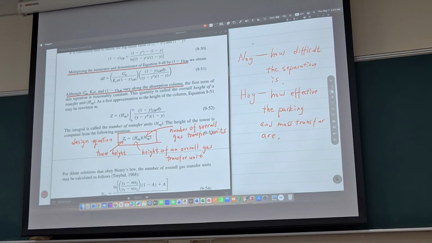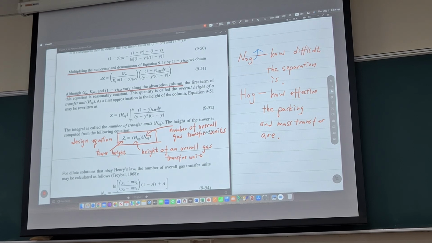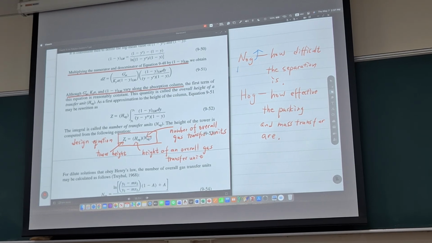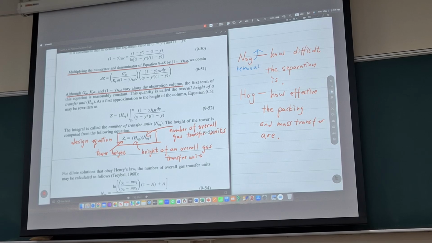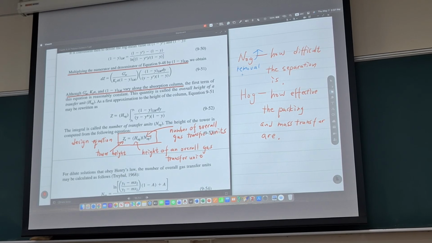Therefore, if NOG is very big, that means the removal of pollutant is difficult.